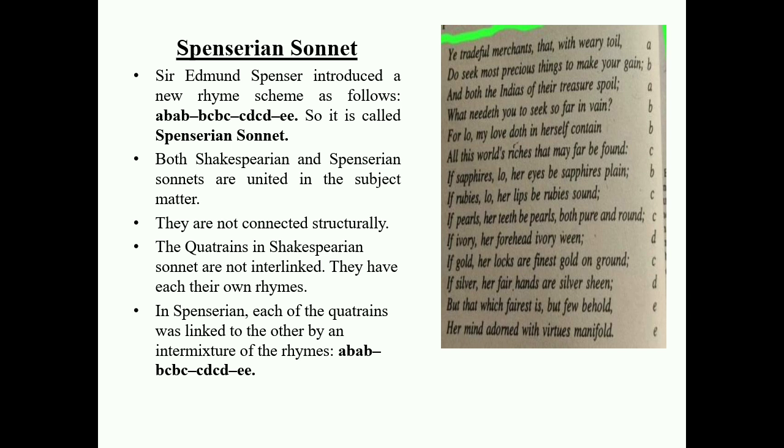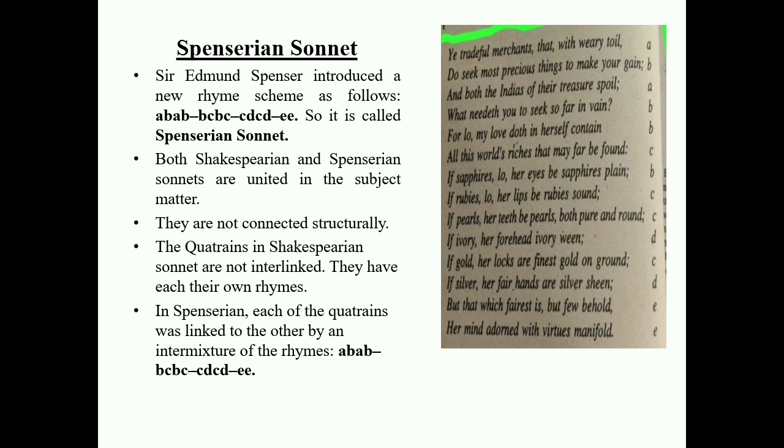AB, AB means this is the first quatrain, where the first line and third line have the same ending sound, and the second and fourth likewise. Then in the second quatrain, again you can find the rhyming scheme of the first quatrain repeated, so BC, BC.